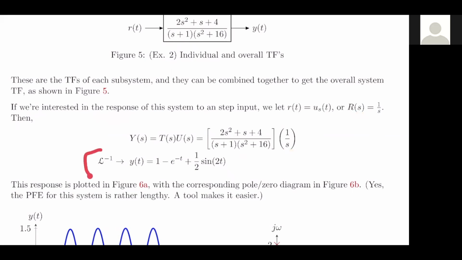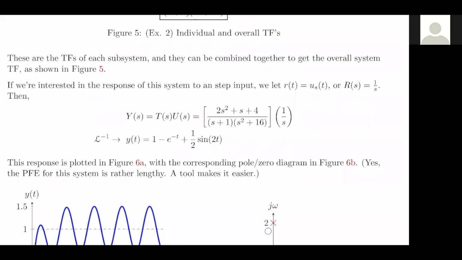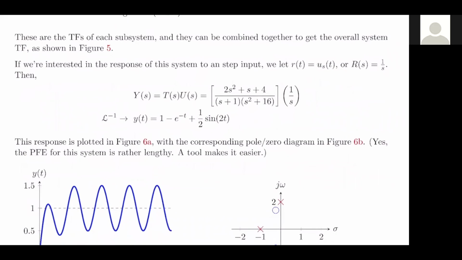Okay. So I urge you to go ahead and check this in MATLAB. Let's plug this in, do the inverse Laplace transform, and you see you get this type of response. Also, I would like you to be able to take a look at this type of signal and understand what it looks like. You imagine it in your mind.